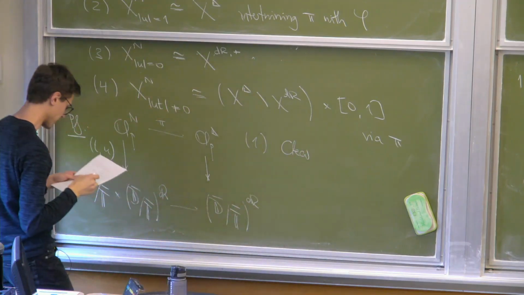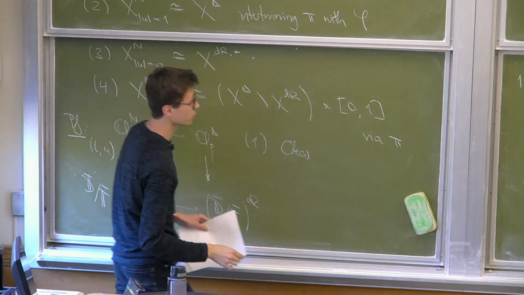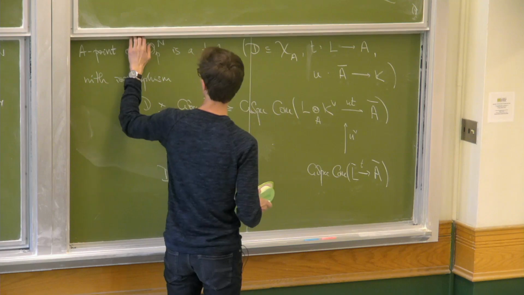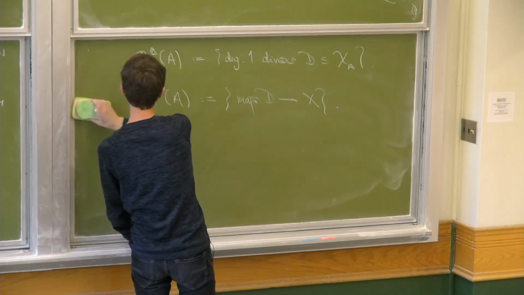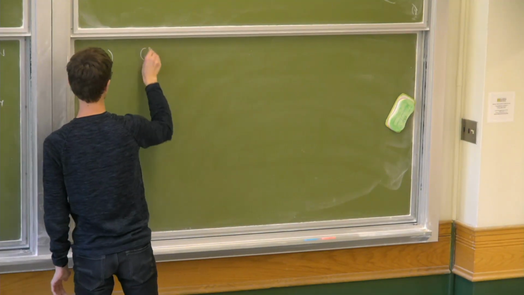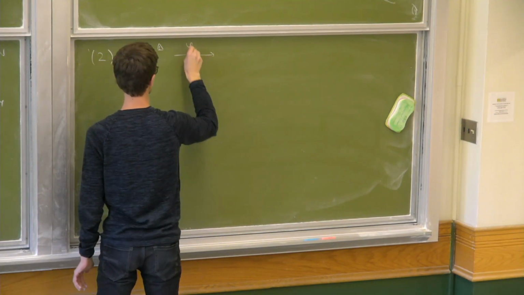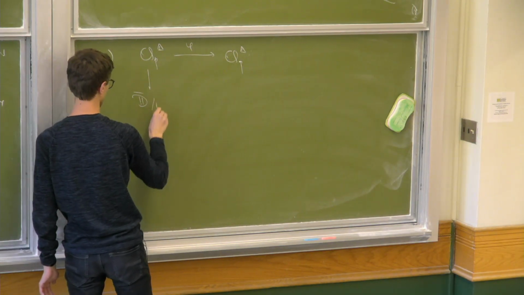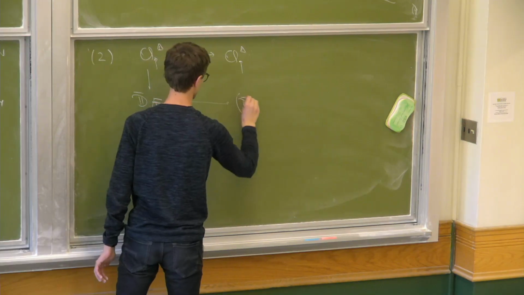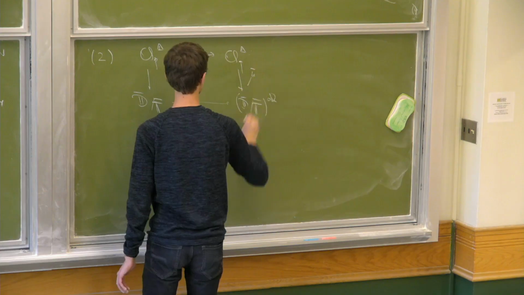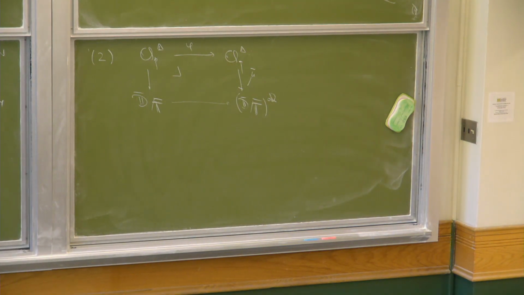So 1 is okay. For 2, I'm claiming that this diagram is Cartesian.